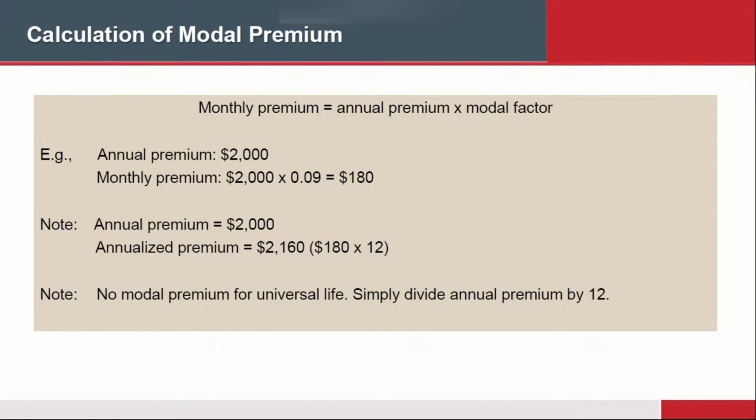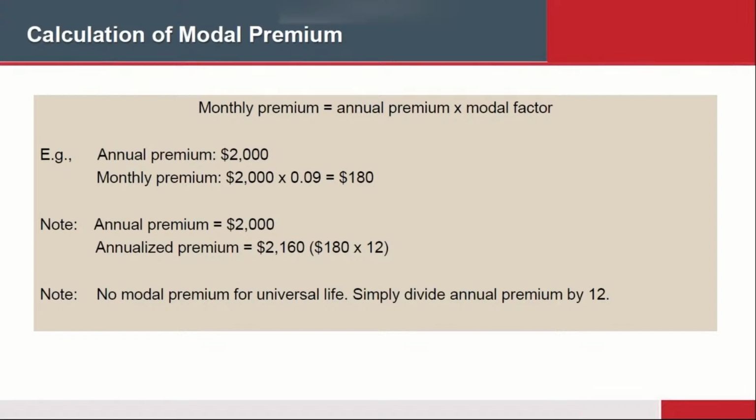They should be aware that they will be paying a little bit more, because the insurance company is essentially financing that $2,000 premium. And so they have to get paid. They have to get that opportunity cost reconciled, and they reconcile it by charging 0.09 times the annual premium. So the annualized premium in this case is 2,160, whereas the annual premium is in fact 2,000.